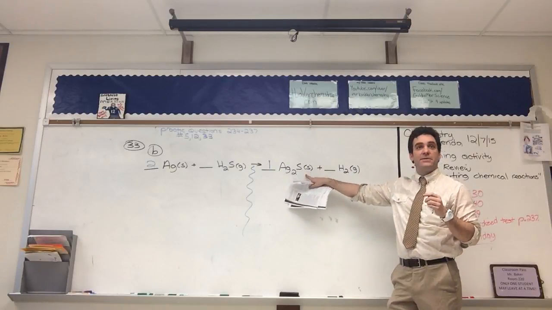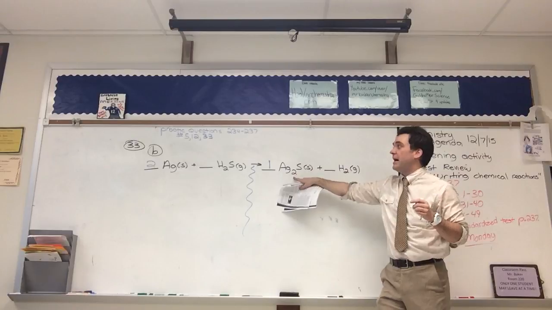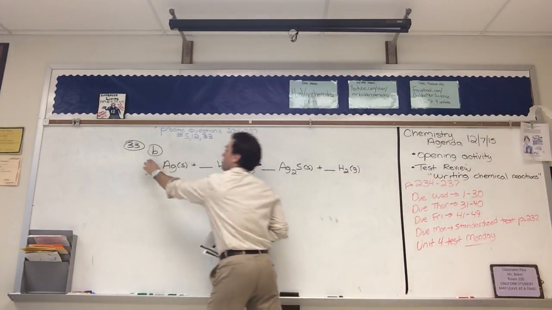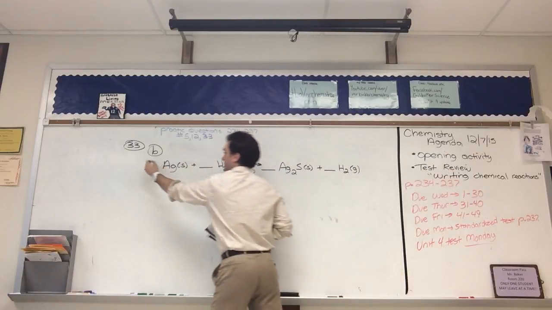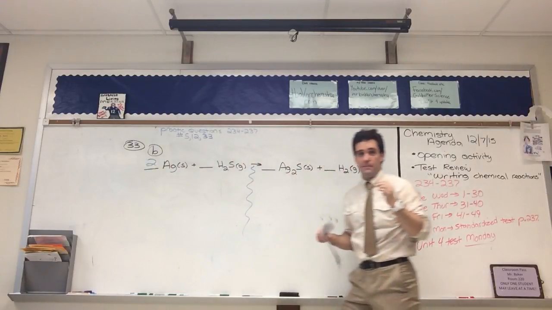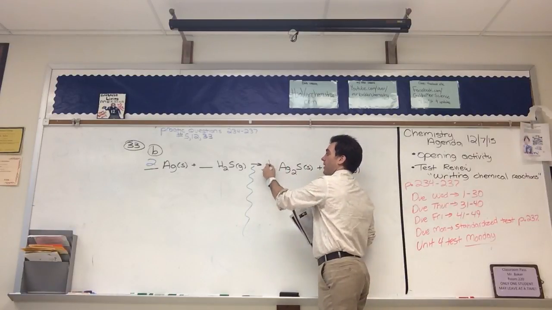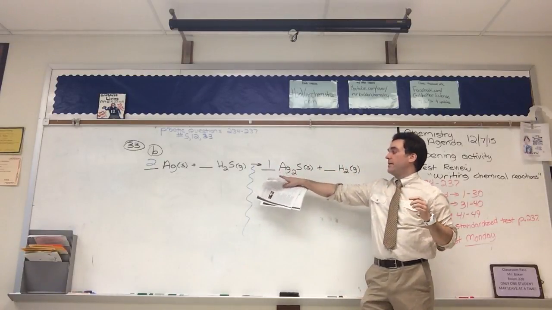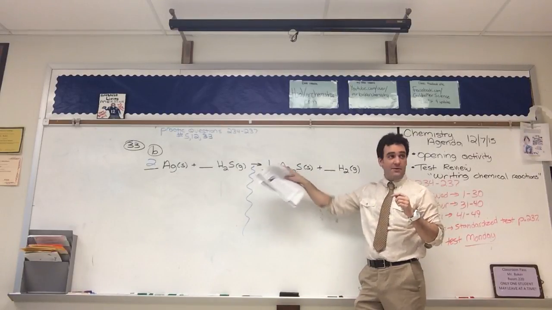There's 2 silvers on this side, and there's only 1 over here, right? So to make this side 2 silvers, we just put a 2. And then now it balances, right? So you just put a 1 there, because now those silvers balance.